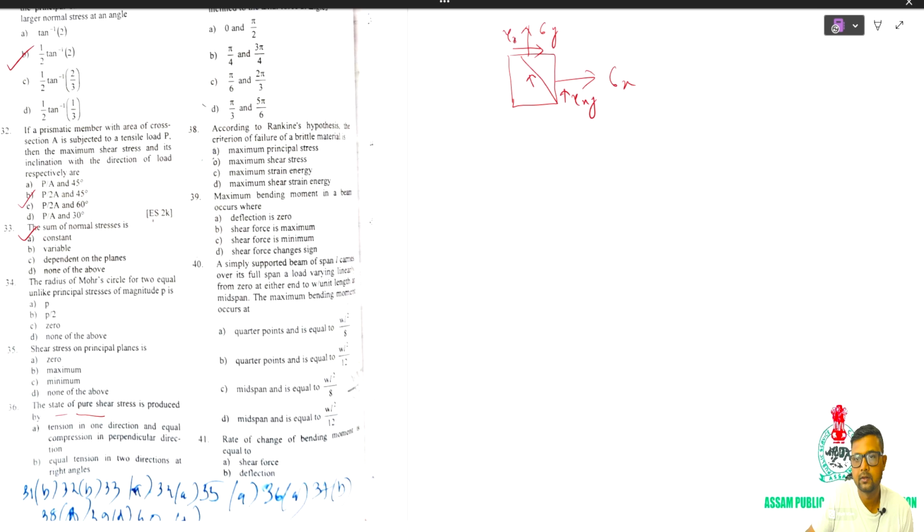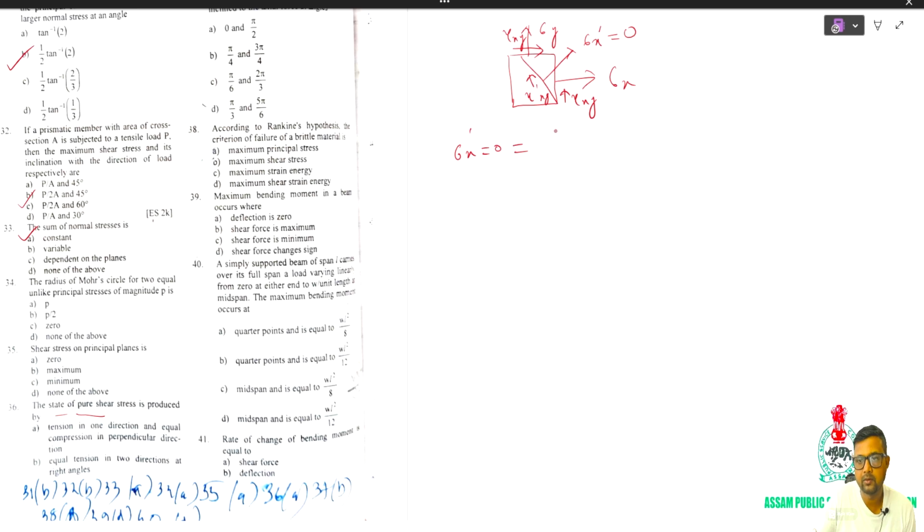On this particular plane, tau dash xy, we want to produce pure shear. So that means the sigma x dash has to be 0.